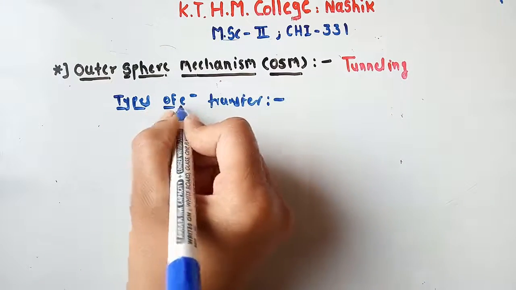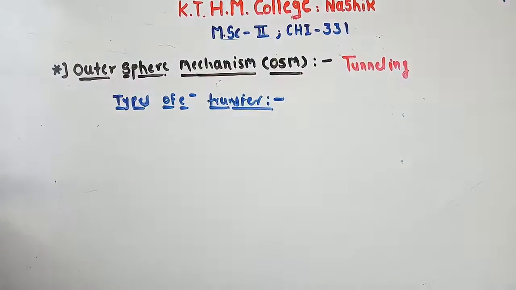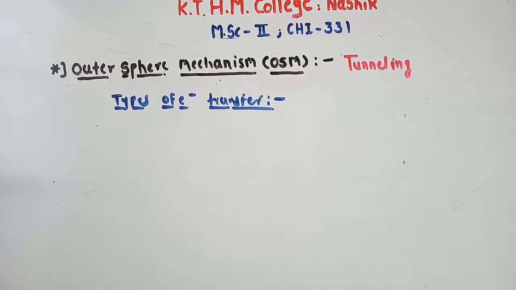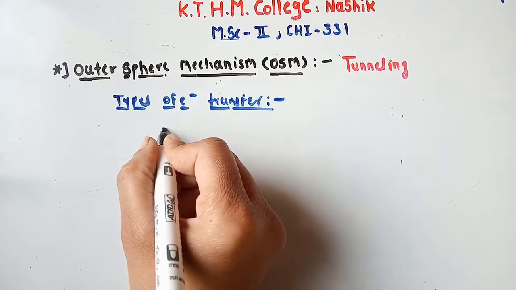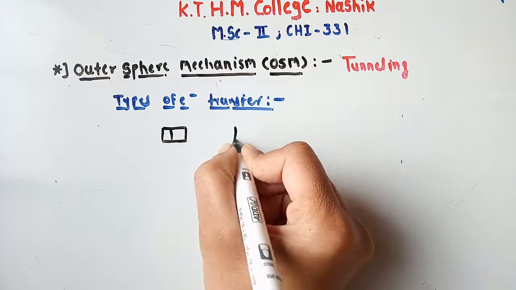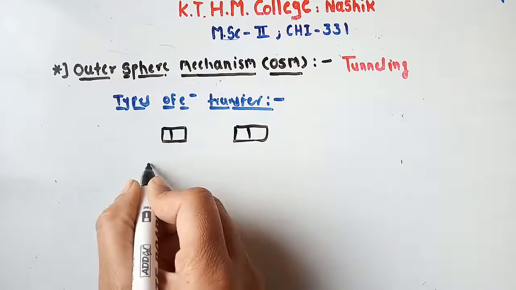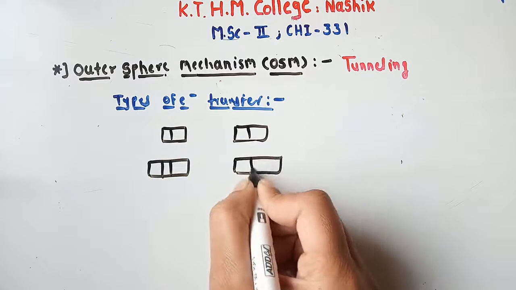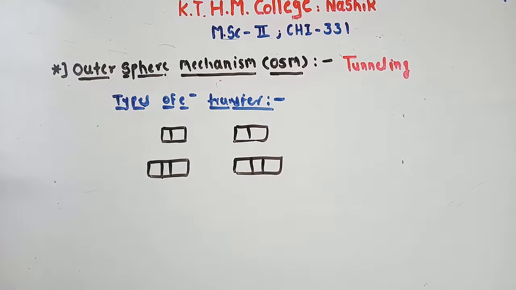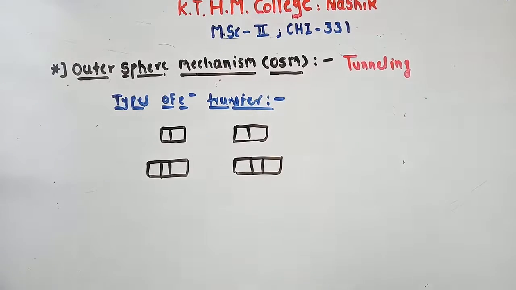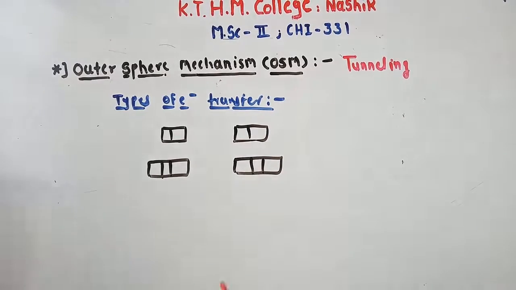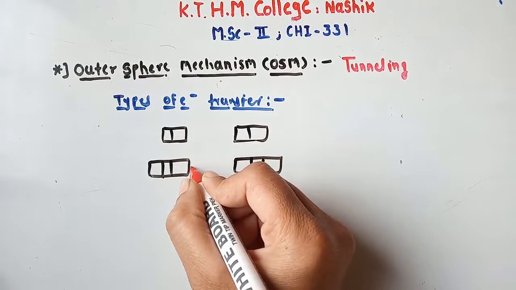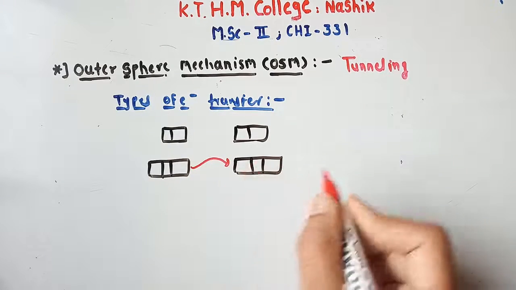See, if this is Eg and T2g, this is the octahedral case. Transfer of electron is possible from T2g to Eg.